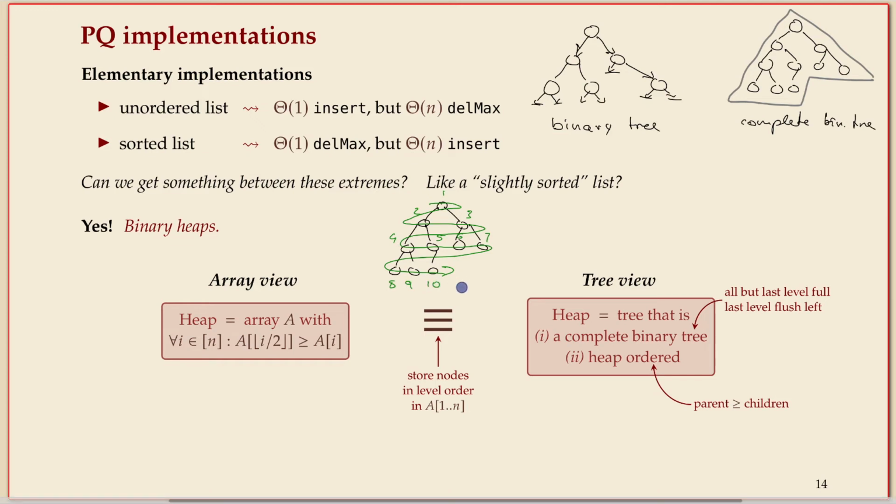Okay. If you do that and you write the labels of these nodes, so the green ones are indices in this level order traversal. The nodes would also have some values associated with them. So you could write down an array where you have the indices here and then the values.